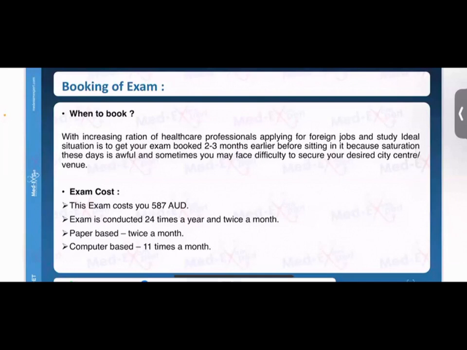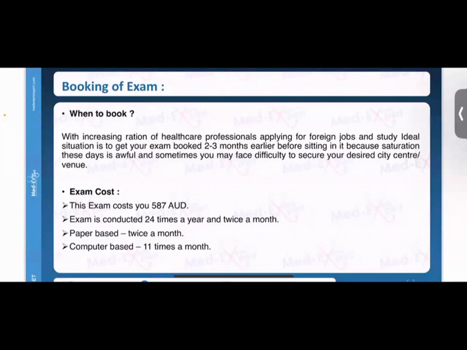In that way, you can book your exam, and the exam cost is 587 Australian dollars. If anyone is asking for PKR, it definitely varies because the foreign exchange rate changes every other day. So we can't tell the exact amount in PKR, but in Australian dollars, it is 587.